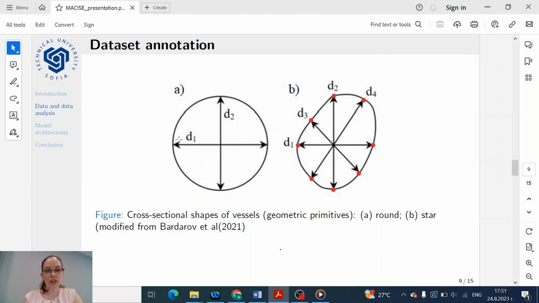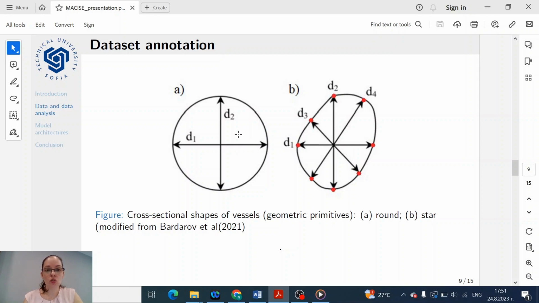The first one is round and the second one can be known as star. So the idea is that during the data annotation we will take those and try to draw those shapes over our samples.